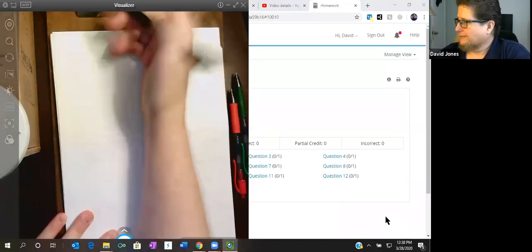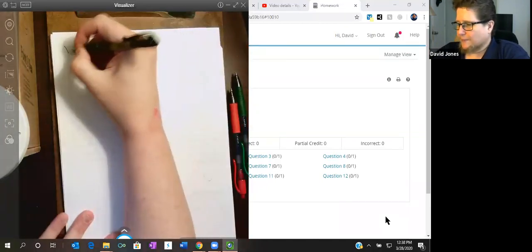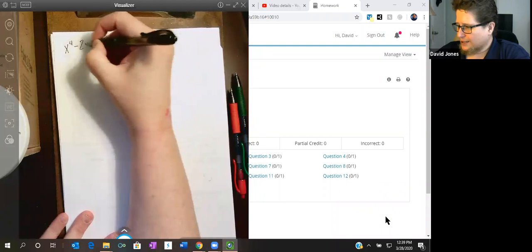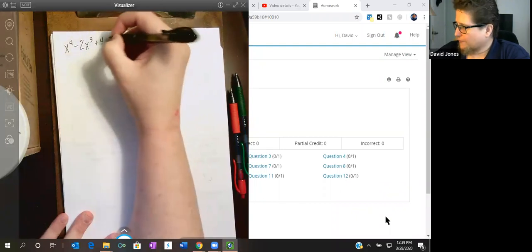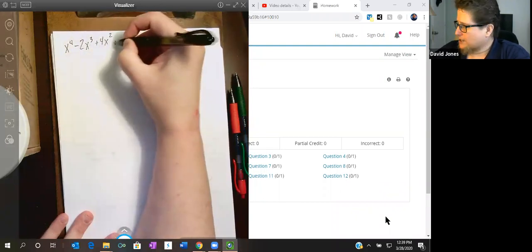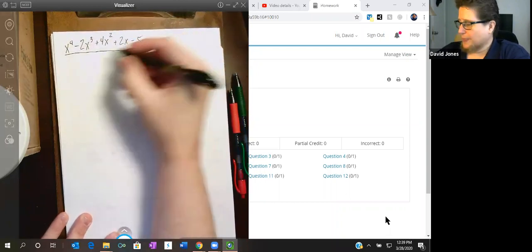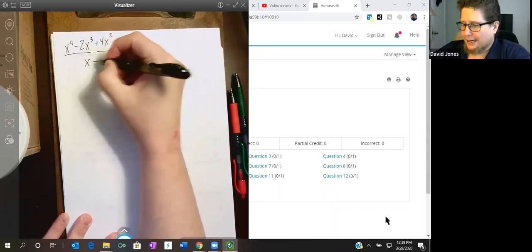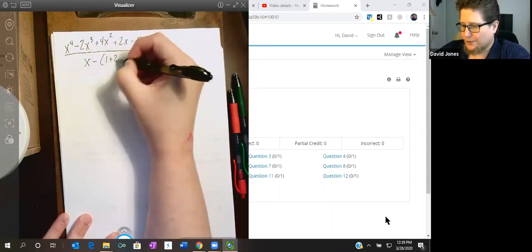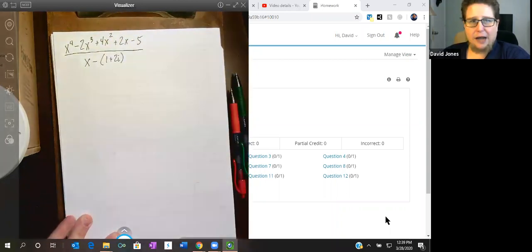So x to the 4th minus 2x cubed plus 4x squared plus 2x minus 5. And this is where I'm kicking it up. x minus 1 plus 2i. We're going to have complex numbers this time.